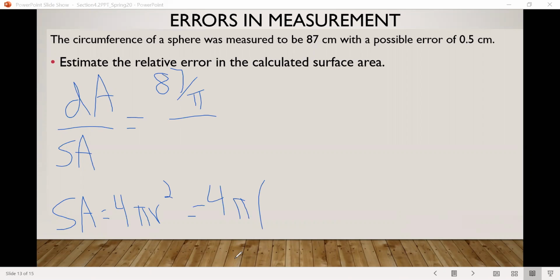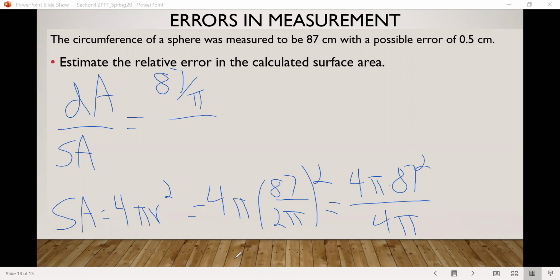We determined that that was equal to 87 over 2 pi, and we have that squared, which, if we work this out, we'll have 4 pi times 87 squared over, if we square the 2 pi, that's going to be 4 pi squared. Here, the 4s will cancel, one of the pi's will cancel out here. So we see that the surface area is 87 squared over pi, which we could get a decimal from, but I'm going to leave it like that on purpose for right now.